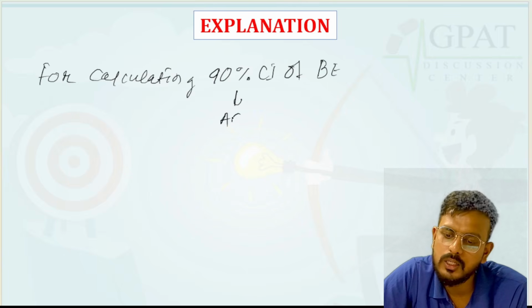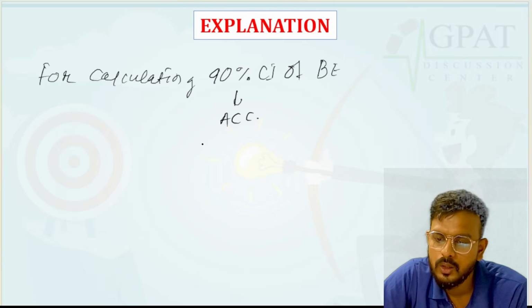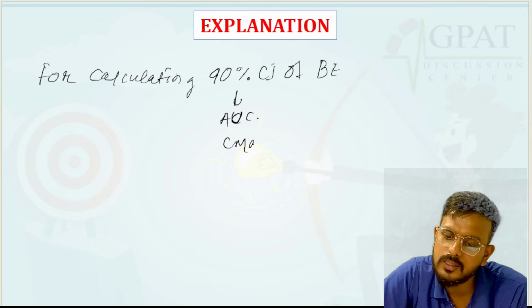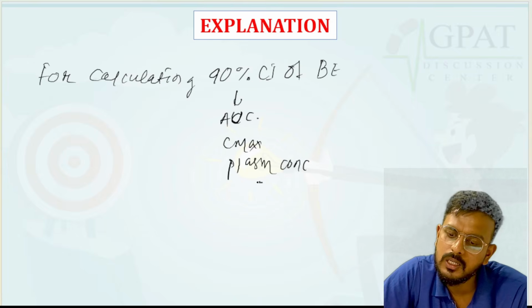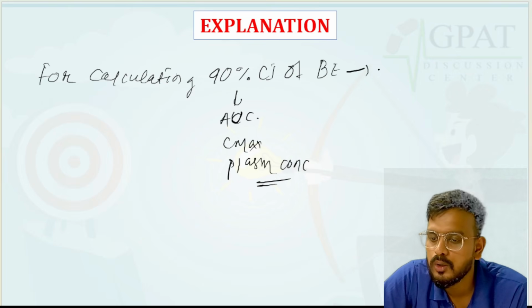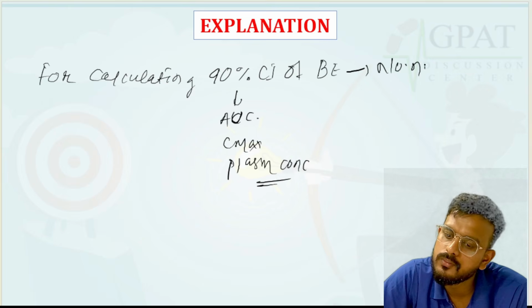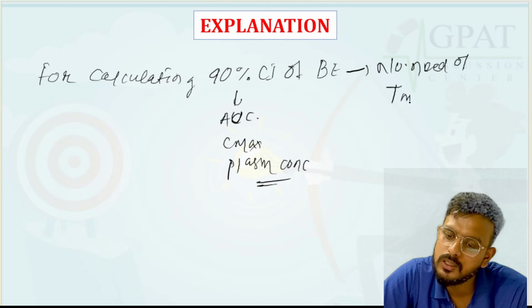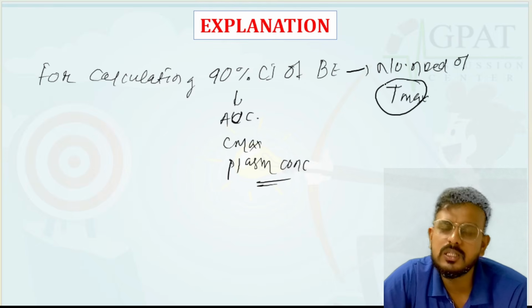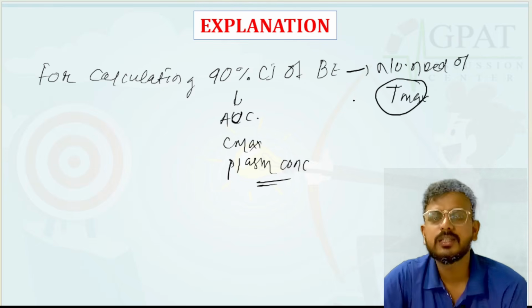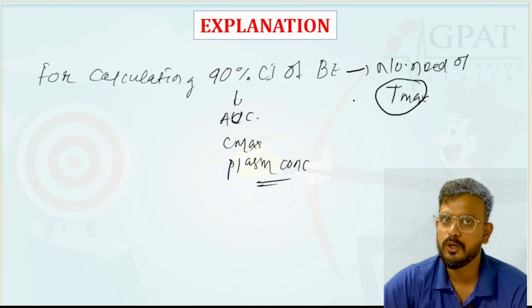What are they? One is your area under the curve, AUC, and second is your Cmax, the maximum plasma concentration. But you do not need Tmax. Why? Because what is Tmax? Tmax is the time point at which the maximum plasma concentration is reached.